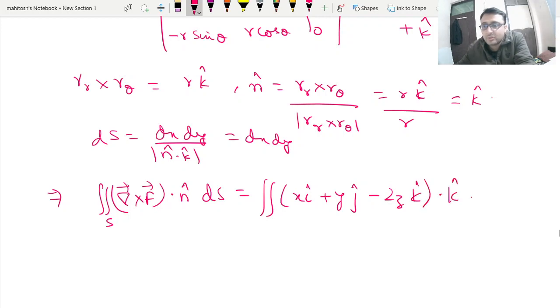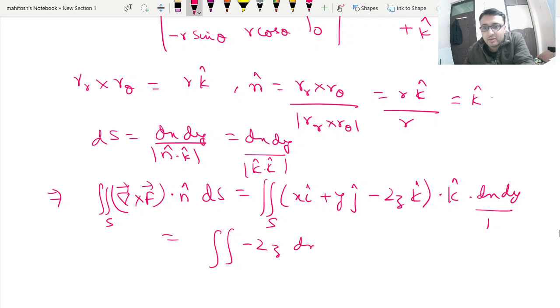This is your k cap, and what is this? dx dy upon 1, because this is k. Okay, so this is over this surface. Okay, so finally what we are left with is minus 2z dx dy over this surface.